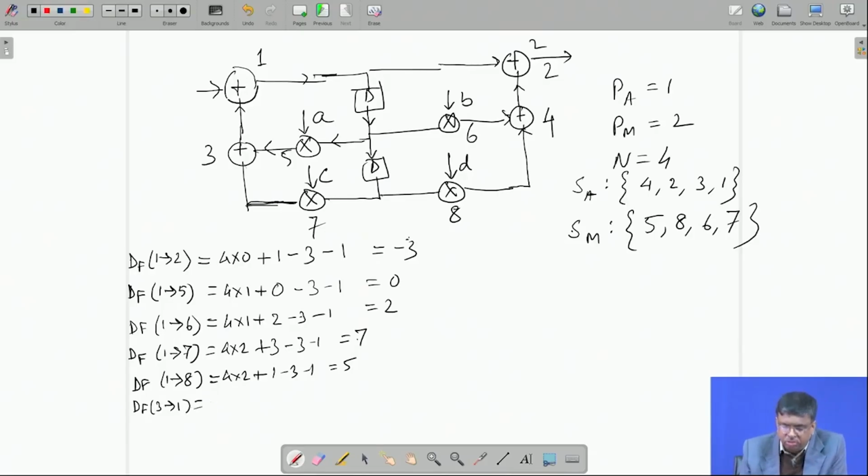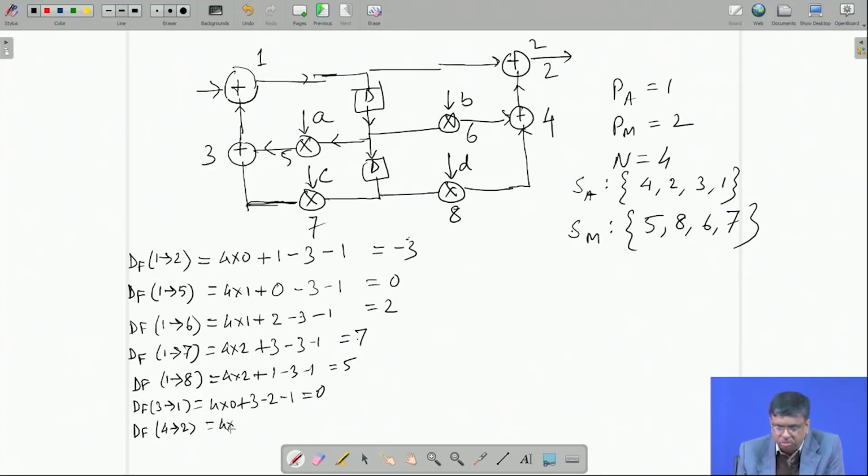Now DF 3 to 1, no delay. So, 4 into 0, 1 has a schedule 3, minus 3, 3 has a schedule 2, and 3 also is an adder. So, the pipeline latch is 1. So, this is 0, no problem. Then DF 4 to 2, I am still considering adder to adder, no delay.